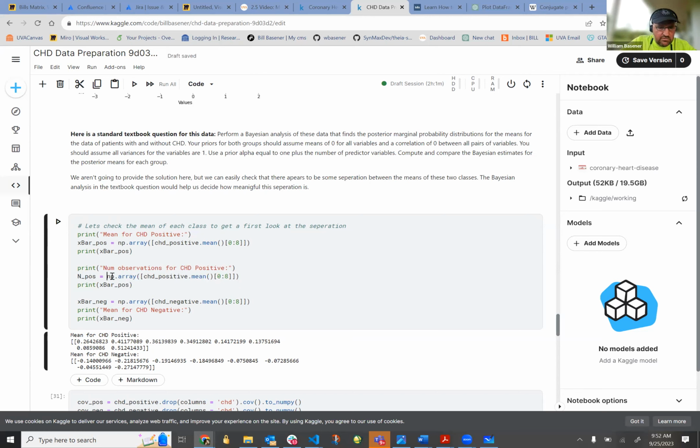It's not going to be an array, so I think we can just take the length of that.